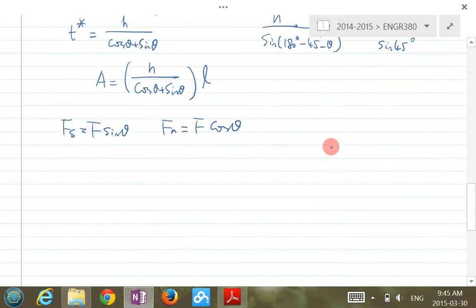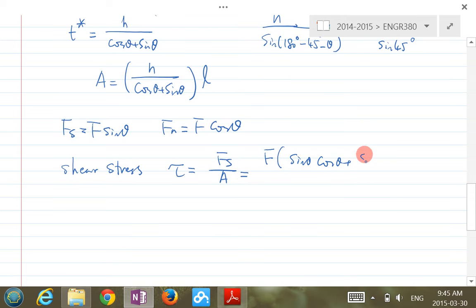So shear stress, tau, equals Fs over A, which is F sine theta times (cosine theta plus sine theta) squared, over HL.